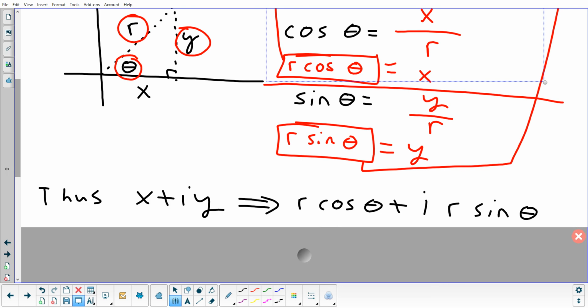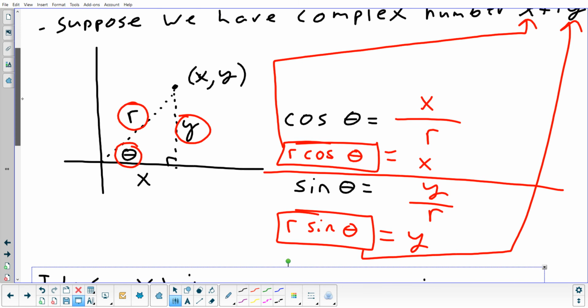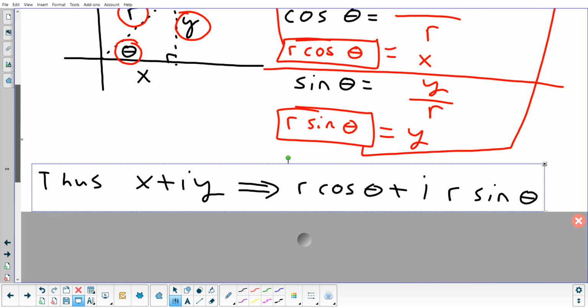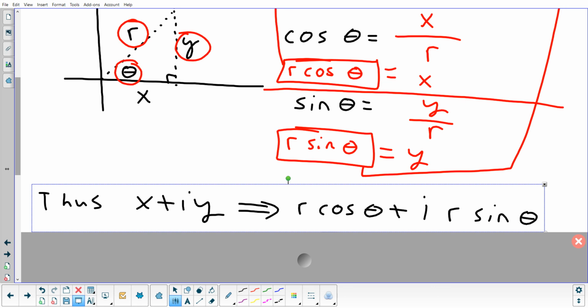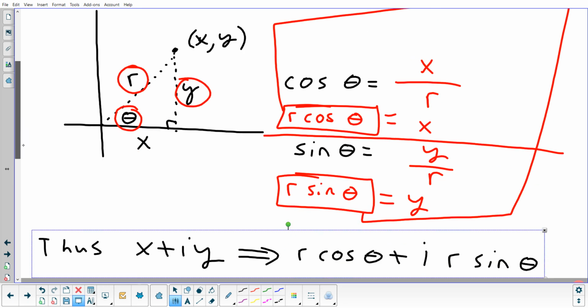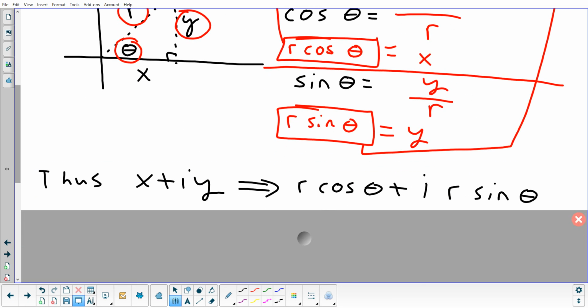So when you make that substitution, X is going to turn into R cosine theta. So I did that. The I is going to stay right where it is. Nothing happens to that. But the Y is going to turn into R sine theta. So I just did what the arrows are showing. Now, if you look at the right-hand side, we've got two terms.